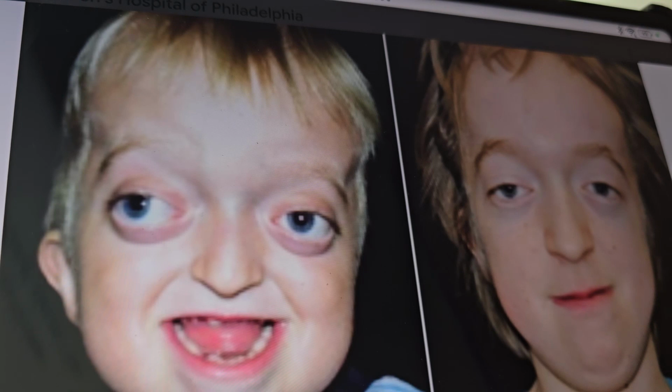Some can present with cleft lip or palate, and they usually have normal intelligence.